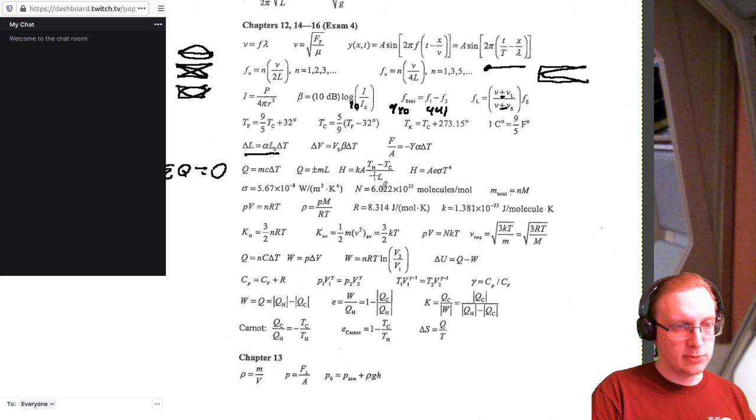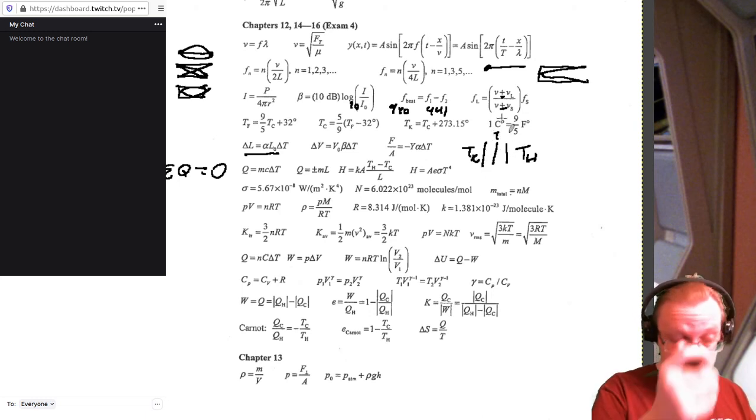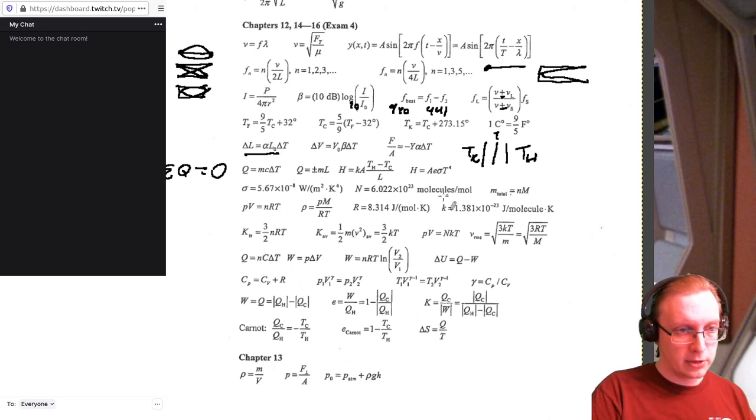It's also possible, say where you have 3 materials, most likely you'll have a T hot, T cold, and a T in the middle at the interface here. And the heat flowing through this object has to be equal to the heat flowing through that object.